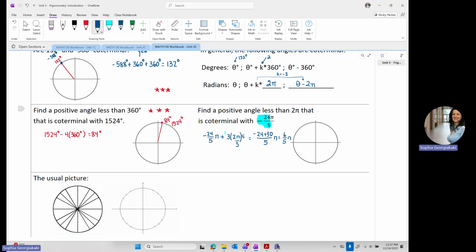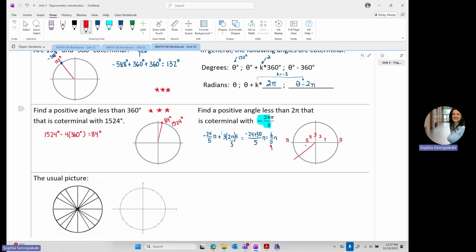Now, do you remember how to find the location of this angle? I start here at 0 and I need 5 of them, 5 slices. The denominator tells me how many to get to pi. So I need 1, 2, 3, 4, 5, and I need to sketch 6 pi fifths.